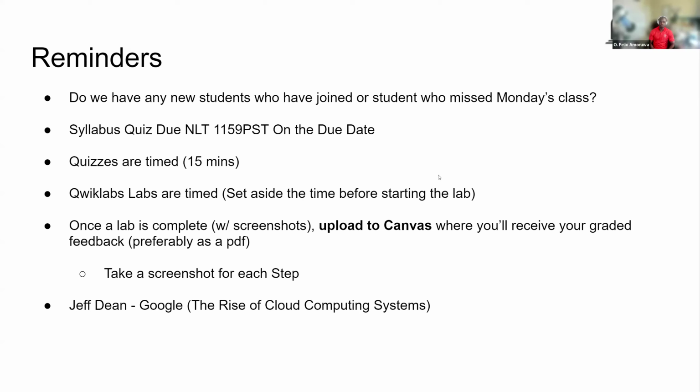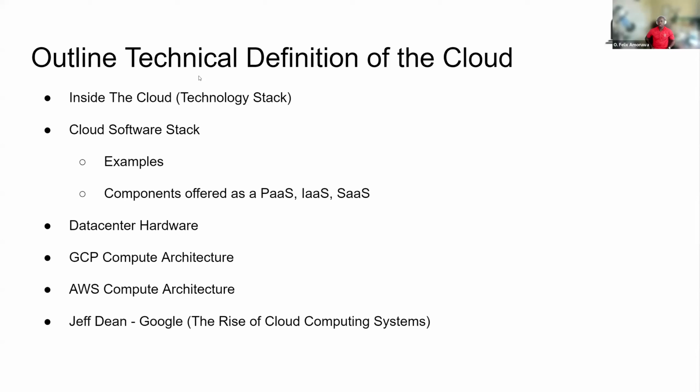In addition to doing that, reviewing the lab, you can actually scroll through the lab to see some of the steps that are going to be required. If a lab takes 1 hour to complete, set aside an hour 15, an hour 30.